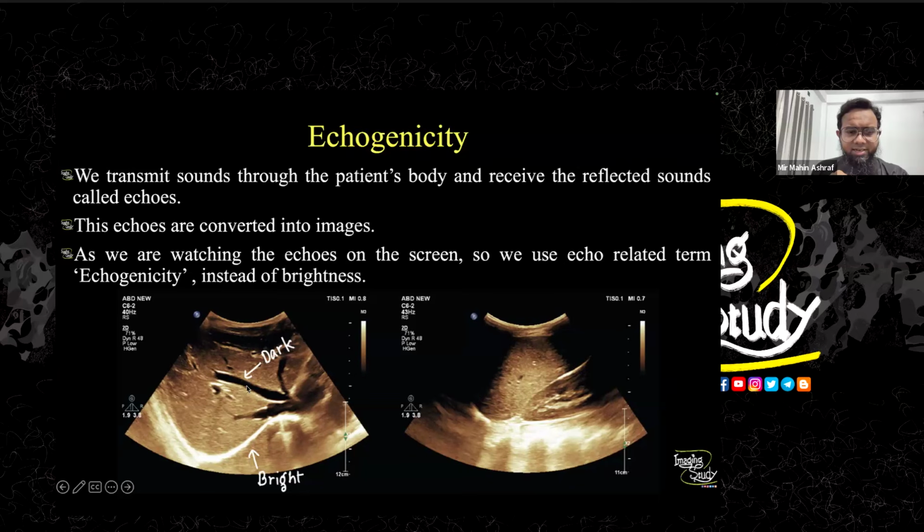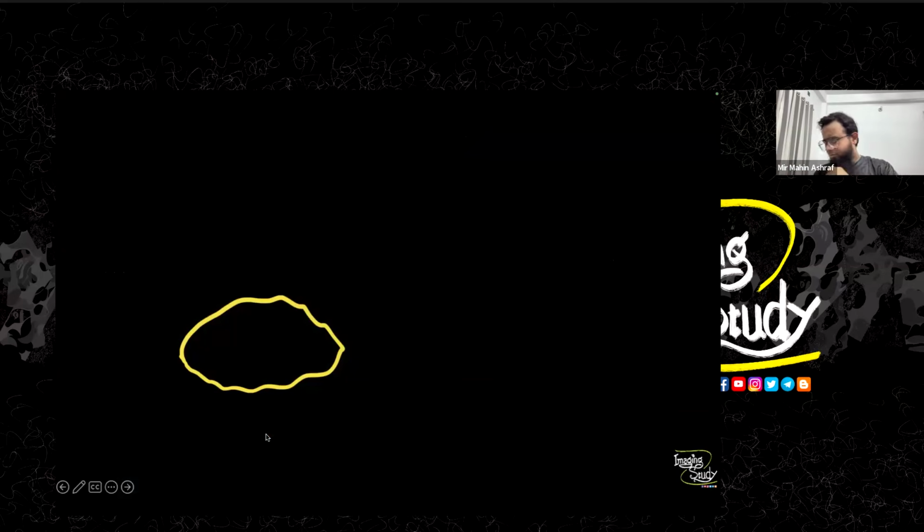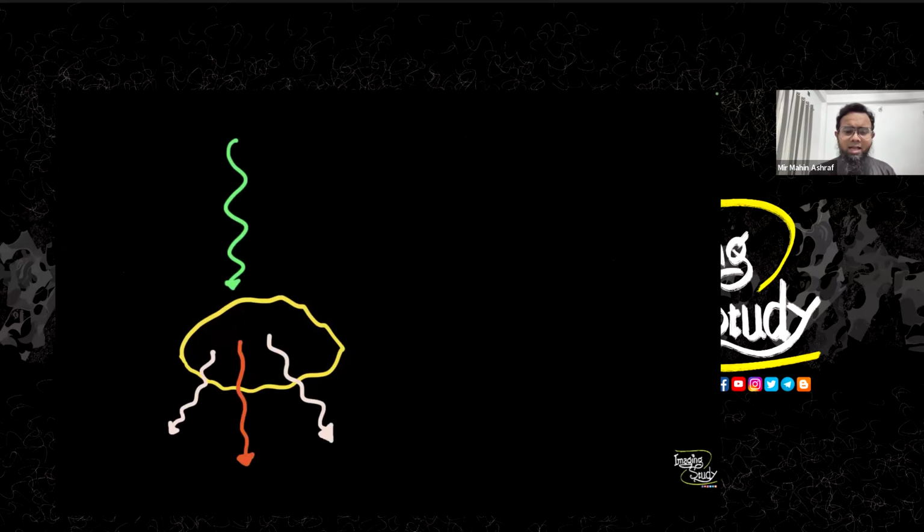So we have some dark areas here and some bright areas here. We will say that this area has low echogenicity and this area has very high echogenicity. Okay, now come to the point of how we actually describe the echogenicities. Think about this structure. We are putting sound over it and sound gets transmitted through these structures, and some sound gets refracted, so it changes direction.